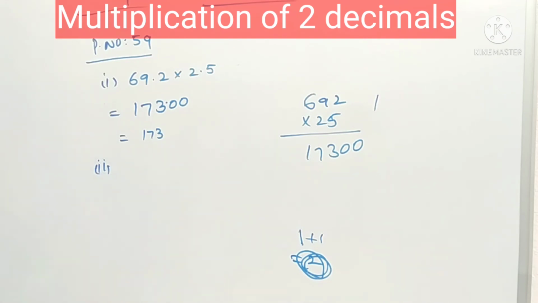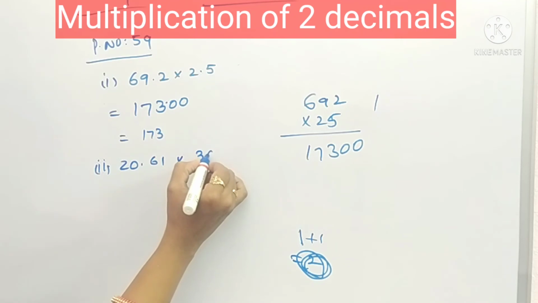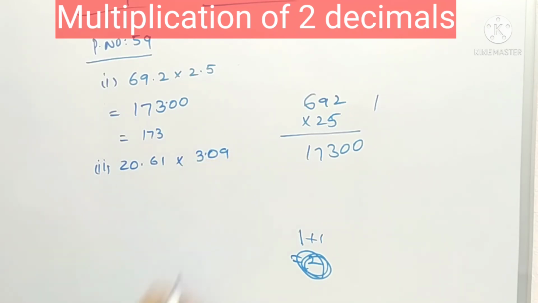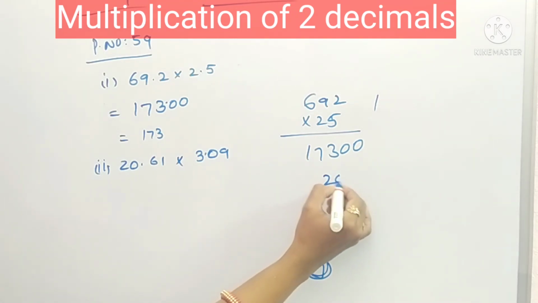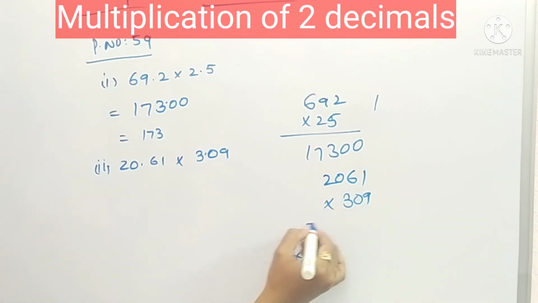So next our second one, 20.61 into 3.09. Okay, just take away this decimal points. This is 2061 and 309.